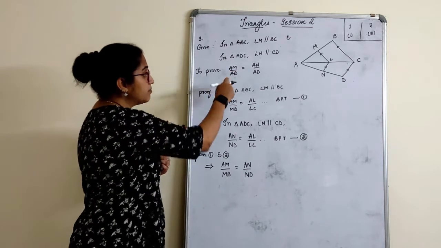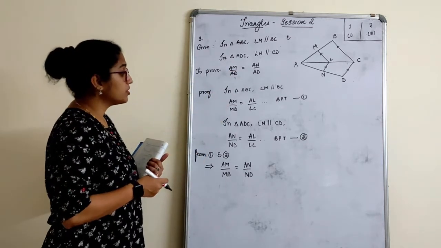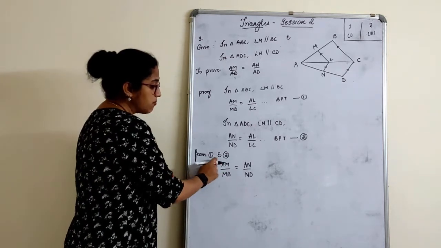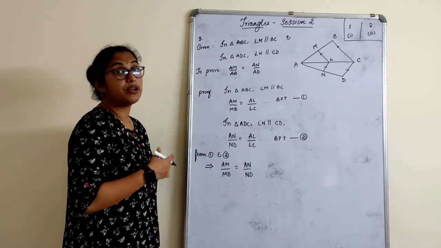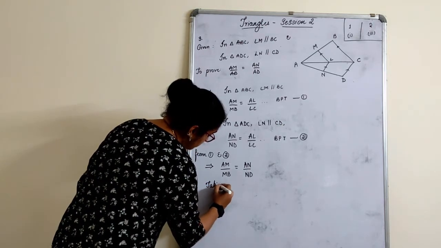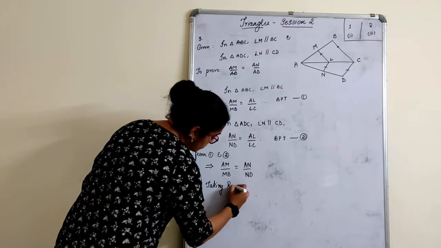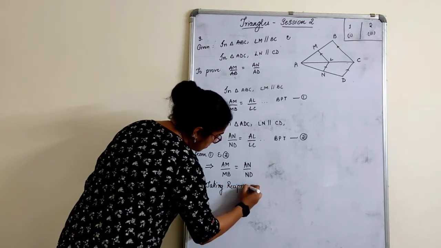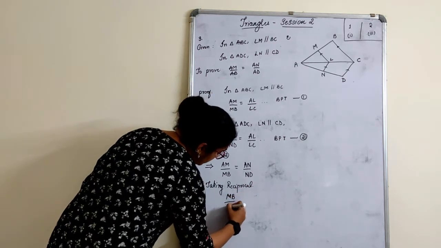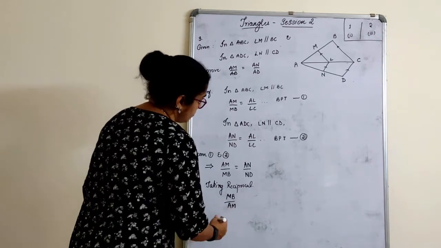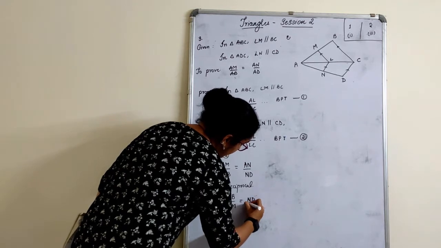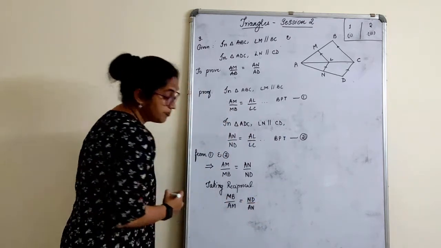We require AM upon AB, right? So now what will we do for this? Using this as it is, we cannot prove it. First of all, we have to take a reciprocal. You will understand why. Taking reciprocal, this will be MB upon AM is equal to ND upon AN, right?